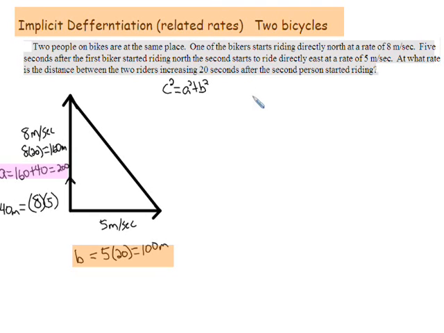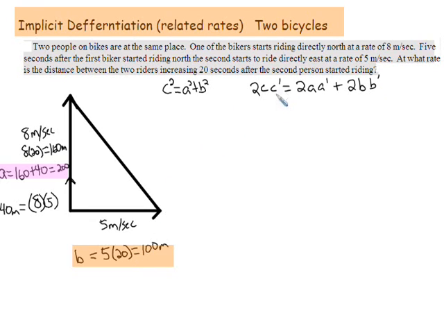Because you got to remember that whenever we take the derivative, that exposes rates. That's talking about rates. So 2c c prime is equal to 2a a prime plus 2b b prime. Okay?